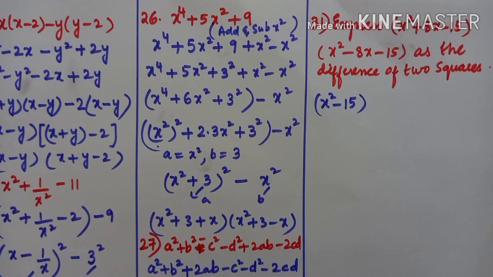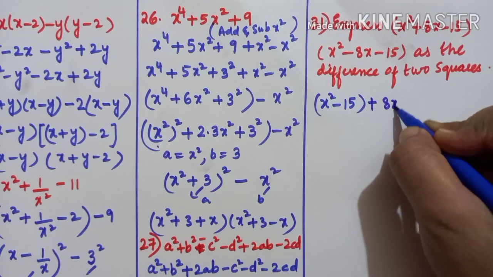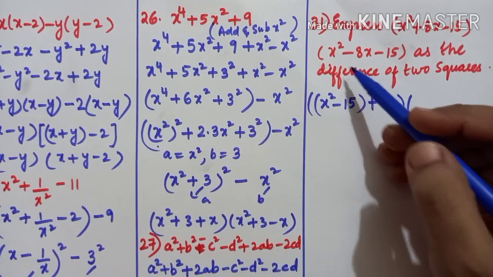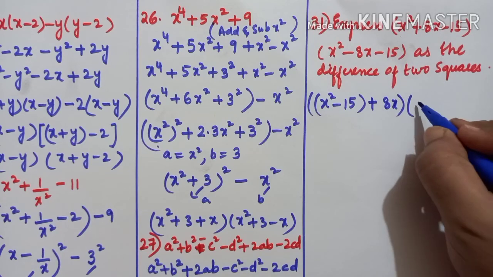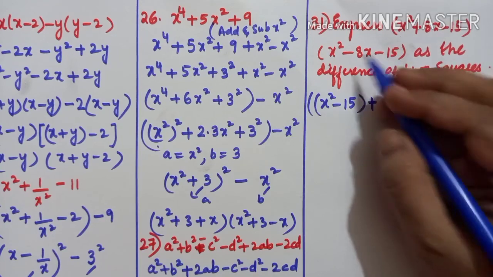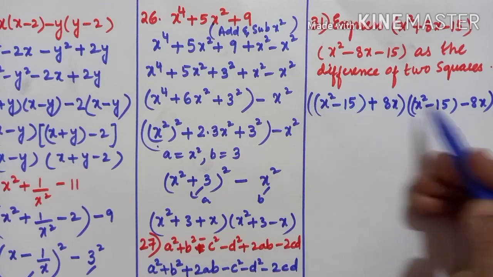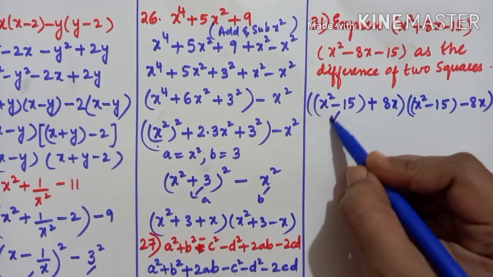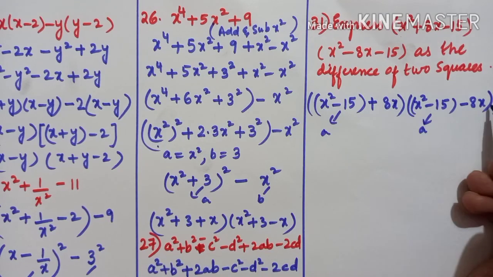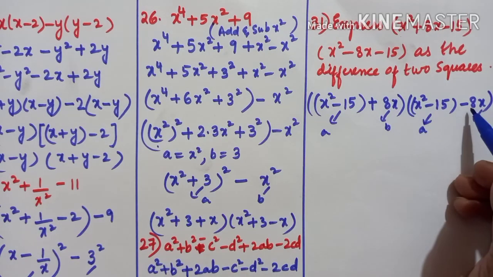So x square minus 15 plus 8x we write as it is, again under brackets. Then here x square minus 15, again the same, then this minus 8x we write like this. So this x square minus 15 we assume as a, and plus 8x, minus 8x we assume as b. So here you got plus 8x, here minus 8x.